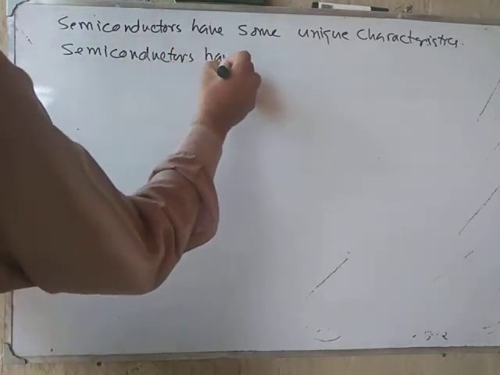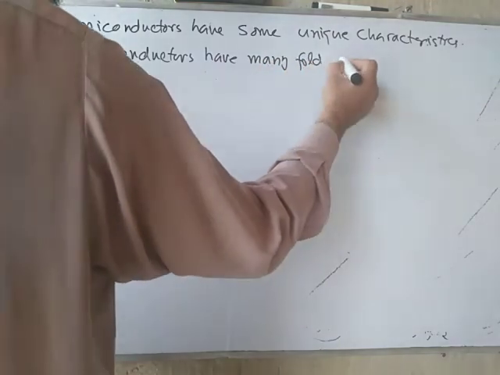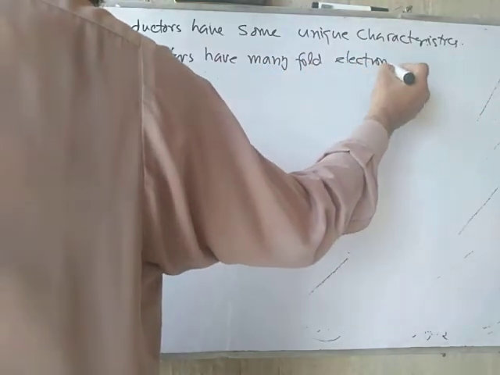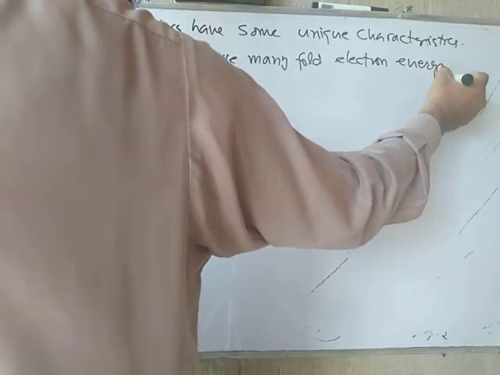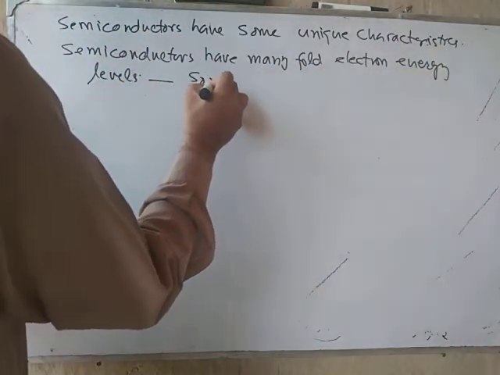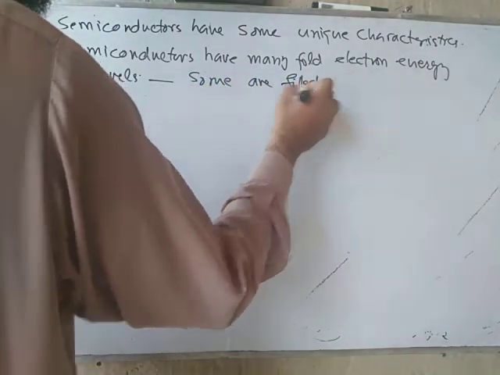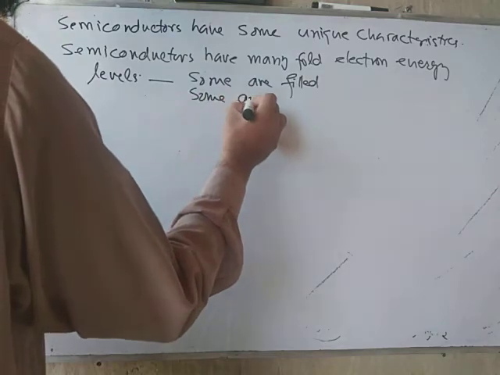Semiconductors have manifold electron energy levels. Some are filled while some are vacant.